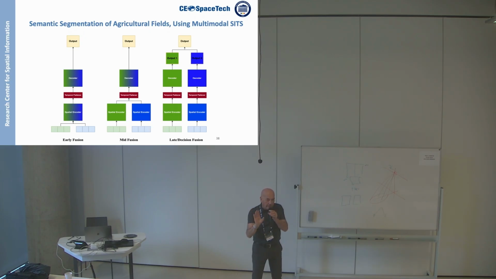And the same object could have different appearance even in the same sensor. I give an example with water. Water in optical data could have any color. Water could be blue, green, brown, red, any color. If you look at rivers or lakes all around the world, you will find water bodies with any color.